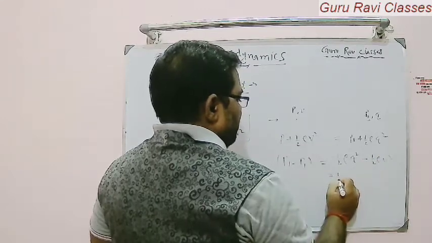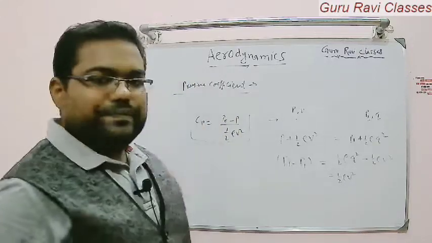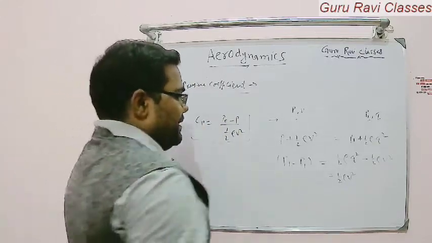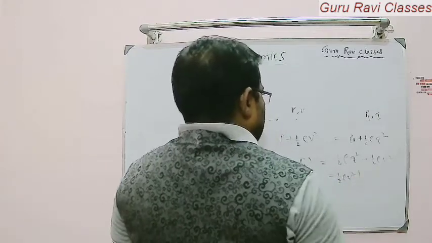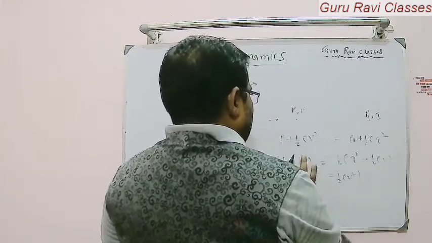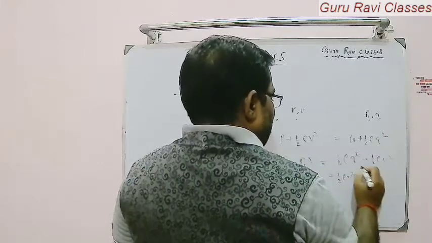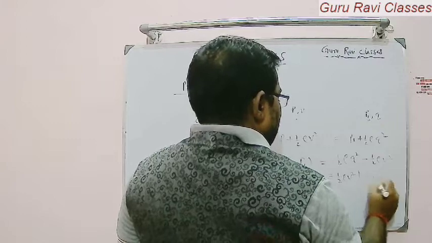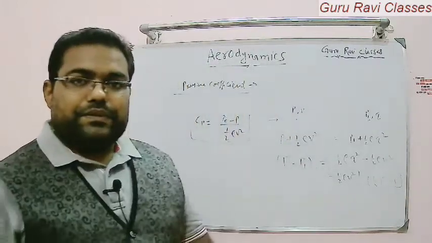You can take half rho V square as common, so this is P minus P1 equals half rho V square times Q divided by V whole square minus 1, right?